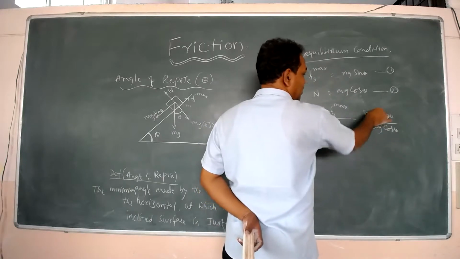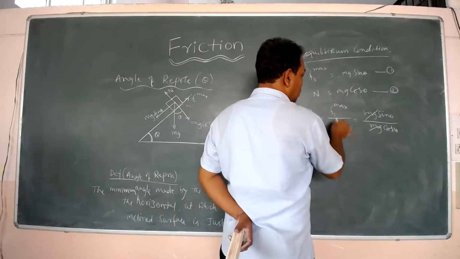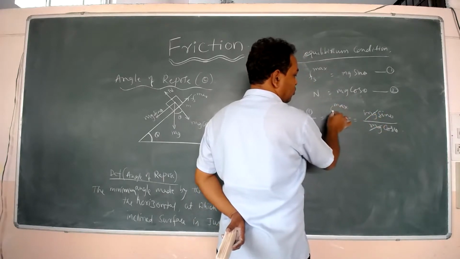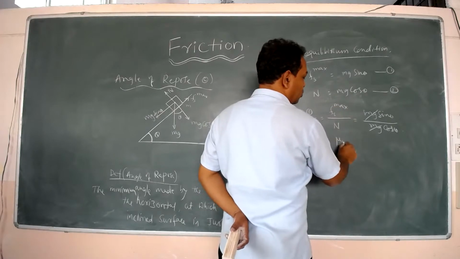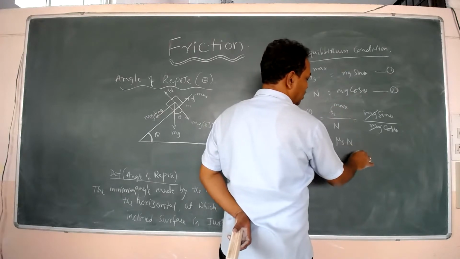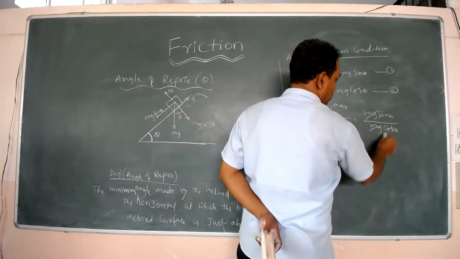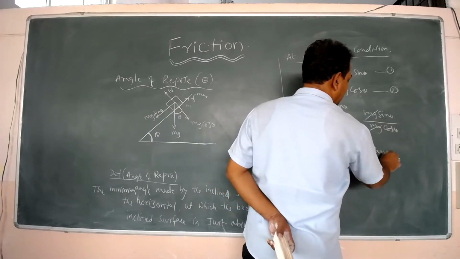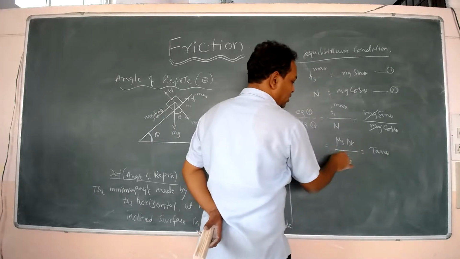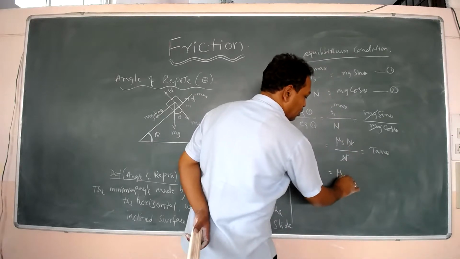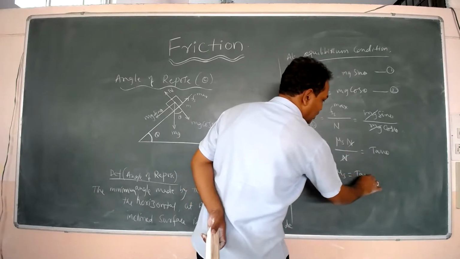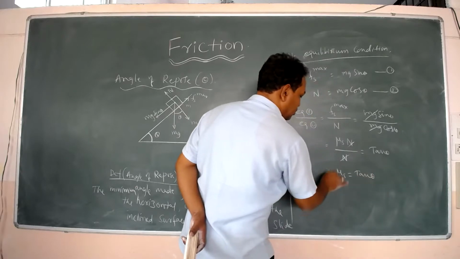So the mg will get cancelled. Fs max is mu into the normal reaction N, and sin by cos is tan theta. So the N will get cancelled. Again, we are getting mu is equal to tan theta.